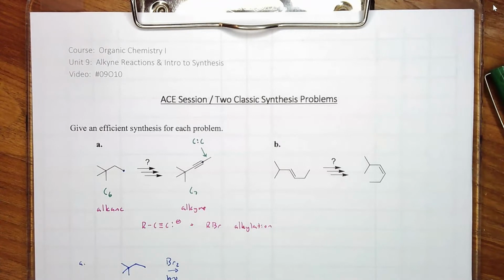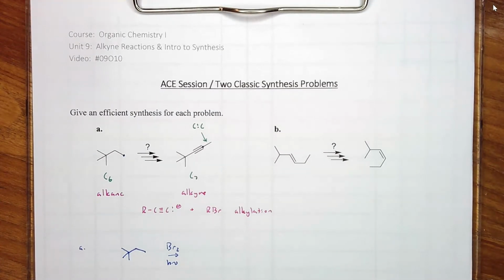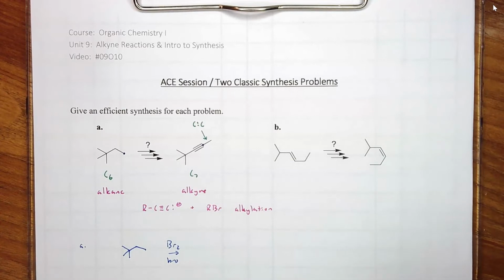It's the formatting that kind of gets them in trouble. So you want to be as neat as possible and show a reaction, the product, the major product if there's a mixture, most likely, and then the next reaction in a very organized fashion.